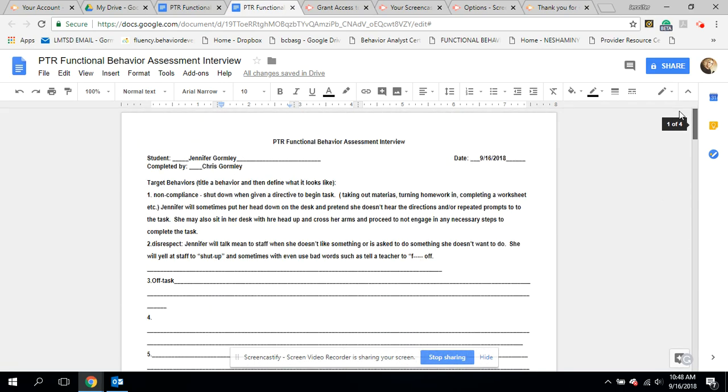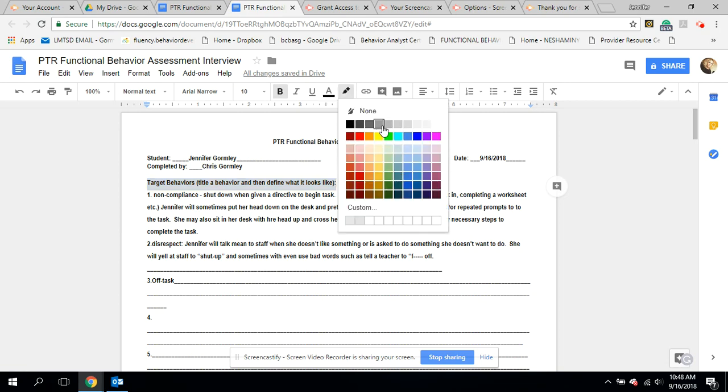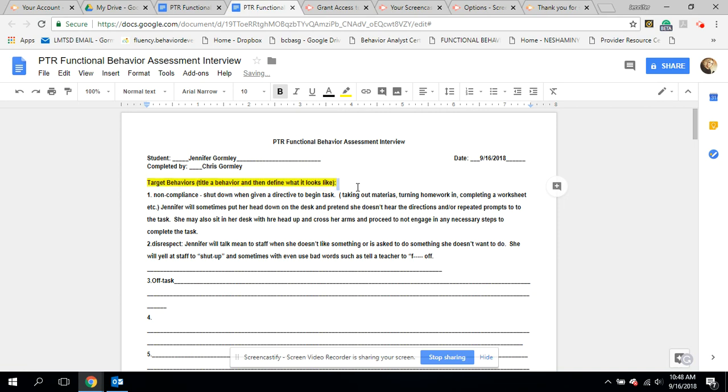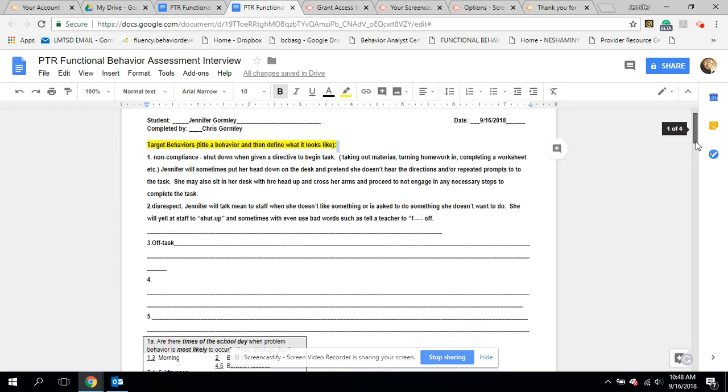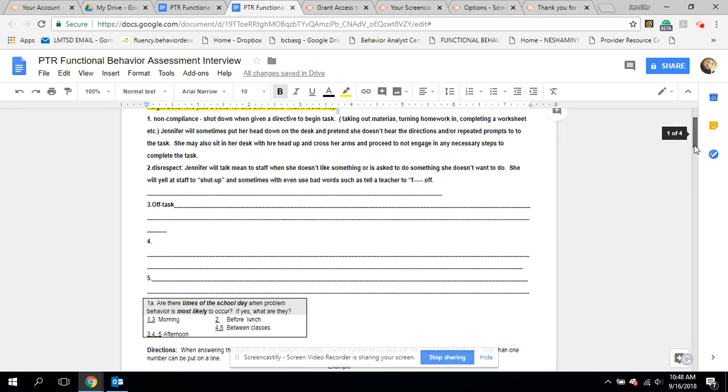The most important part that I need filled out is this part right here. The target behaviors right here. Title the behavior and define what it looks like. That is the most important component of this form that I need done. The rest, do not worry about it. I can get that another way.